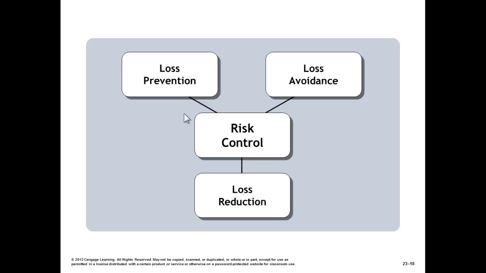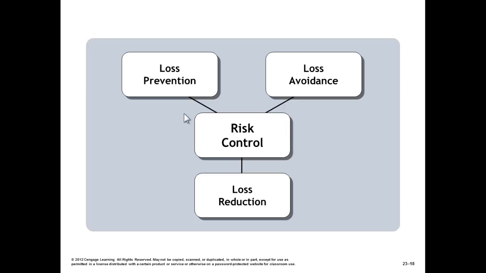So risk control involves three major things: loss prevention, loss avoidance, and loss reduction. Loss prevention simply says we're going to try to set everything up so that we don't have losses. We're going to try to operate in such a way that we don't have losses. Loss avoidance means that we're going to try to avoid the cost that could occur from possible losses.